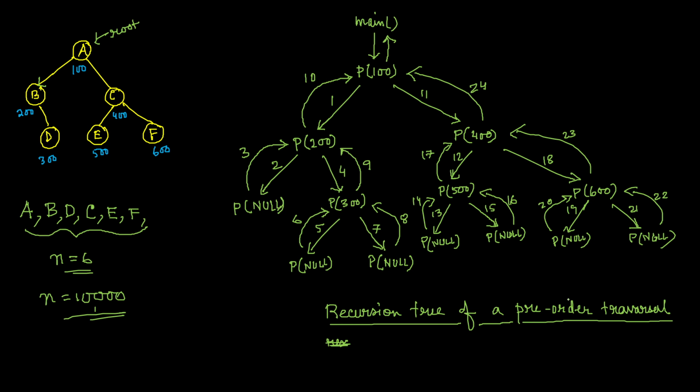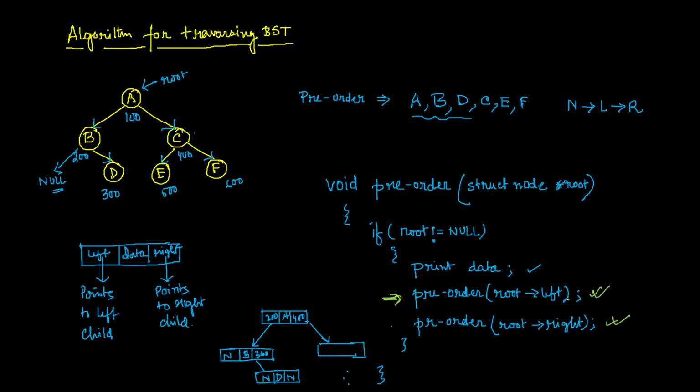But if you closely watch what's happening, the situation is something like this. Now, if you are able to understand this pre-order, I think it will be pretty easy to realize what the in-order code will be.